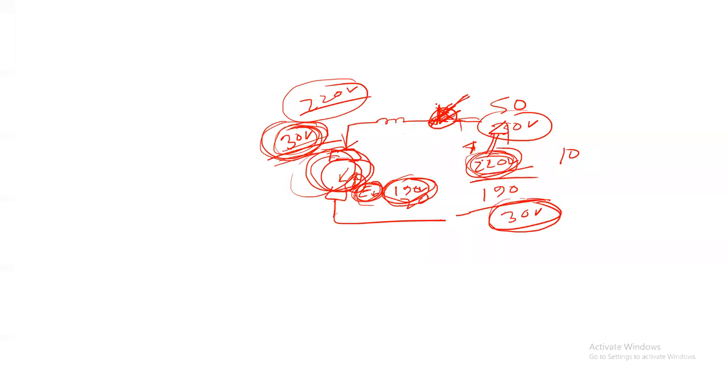The full 220 volts goes through this resistor, which passes at first 30 volts, then 40 volts, 50 volts, dropping the rest. This variable resistor is called the starter.